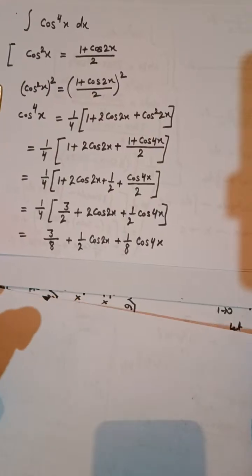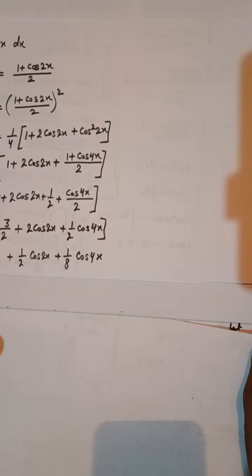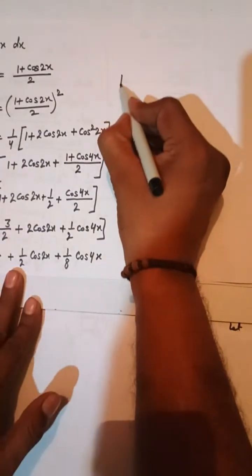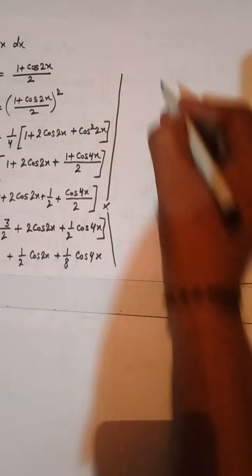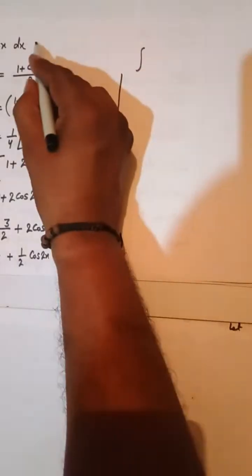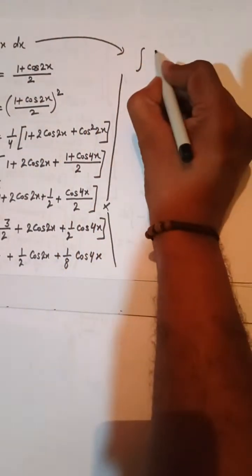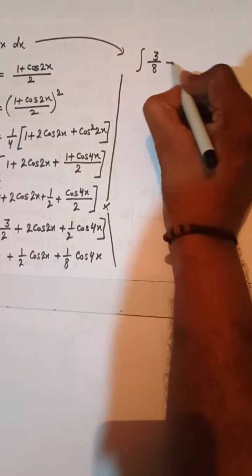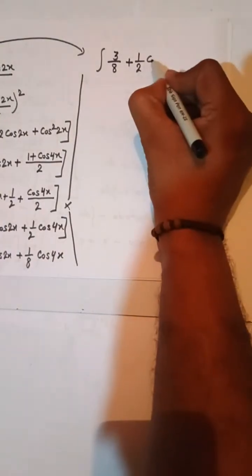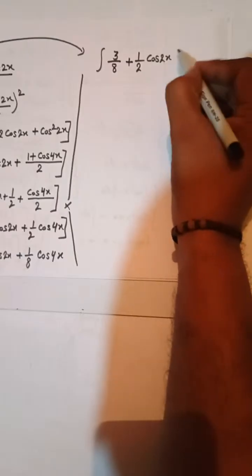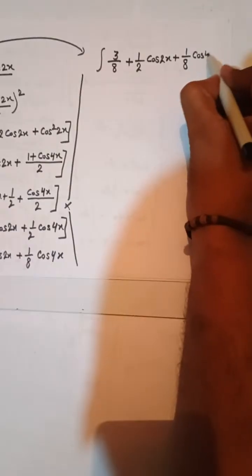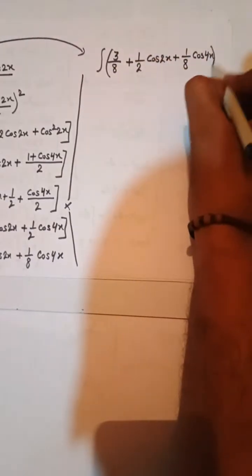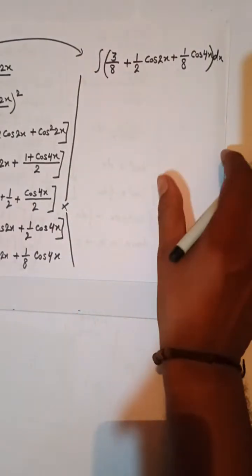Let's do it here. Here we have the integration. Instead of cos to the power 4 x, I am putting here 3 by 8 plus 1 by 2 cos 2x plus 1 by 8 cos 4x, then we have dx.